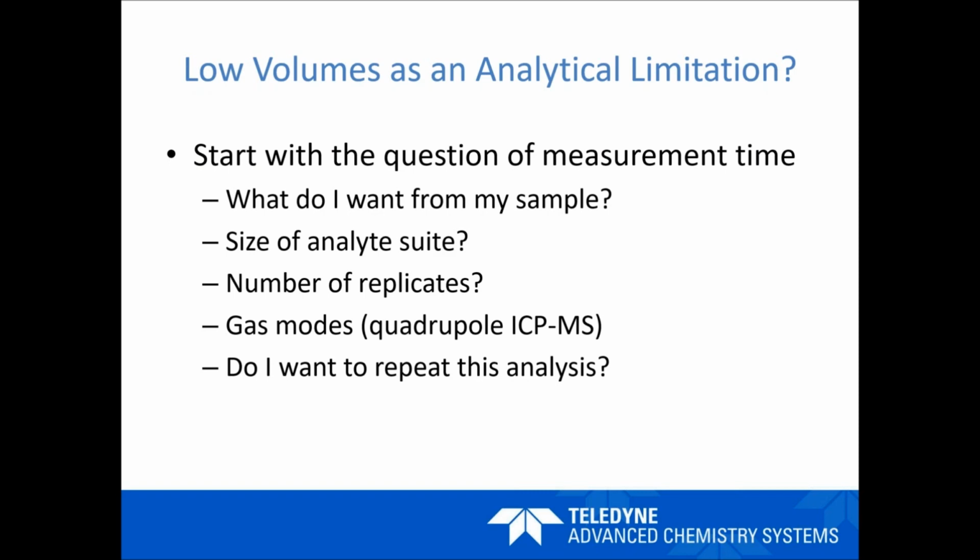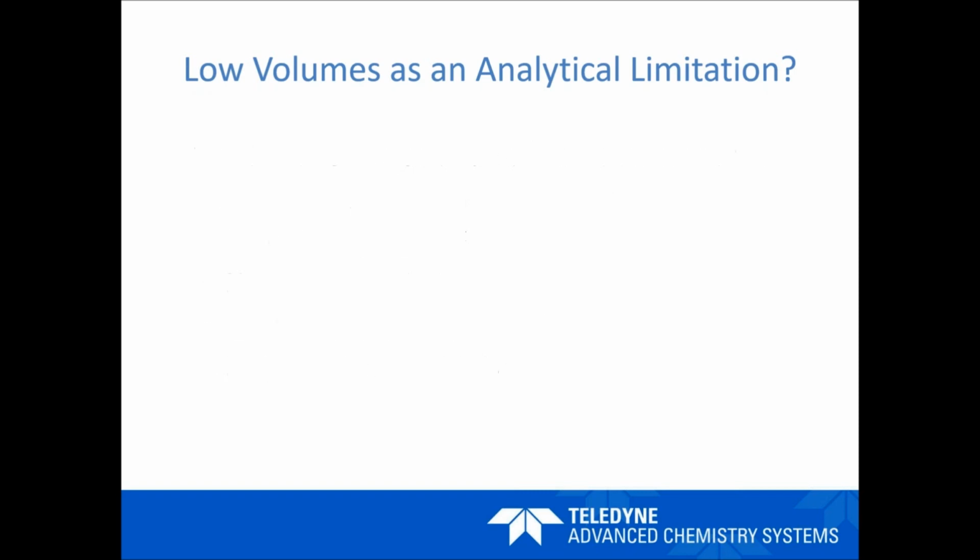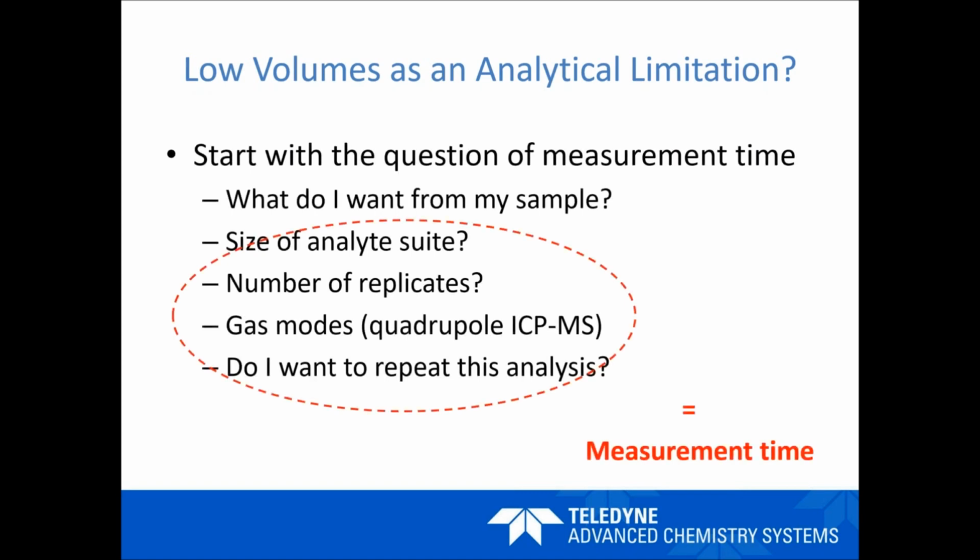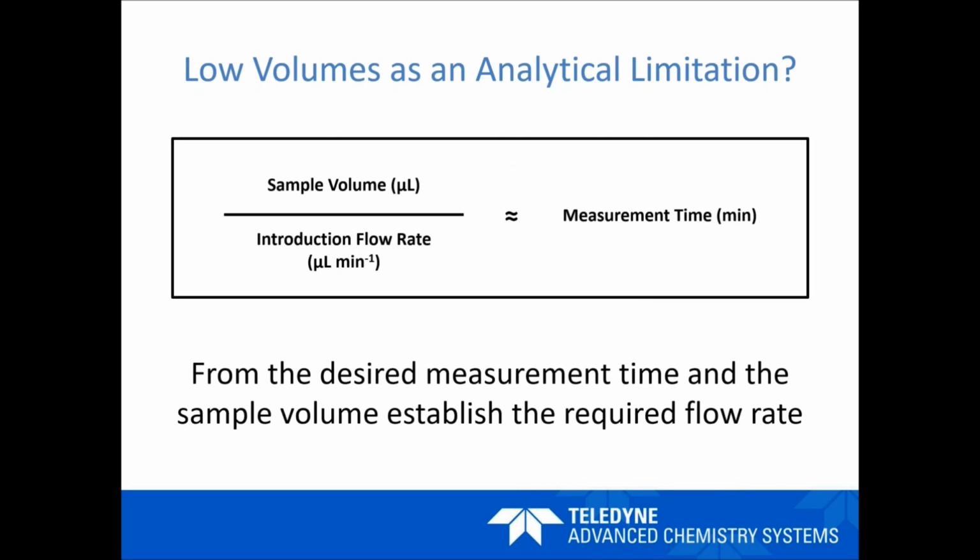So starting with that point, that then takes you into the idea of you assess these and you look at measurement time. And then we move on to the idea of essentially you've got a three-component equation, factoring in your sample volume, the introduction flow rate, and the measurement time that you want from your analysis. So if somebody hands an analytical chemist, an analyst, somebody working in a laboratory, a sample vial with a certain volume in it, that's one of our variables ticked off.